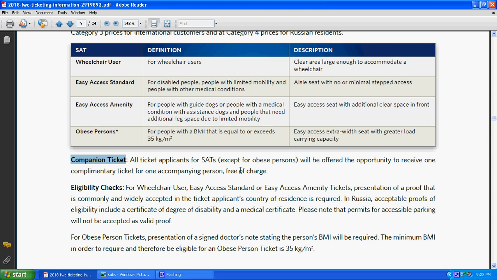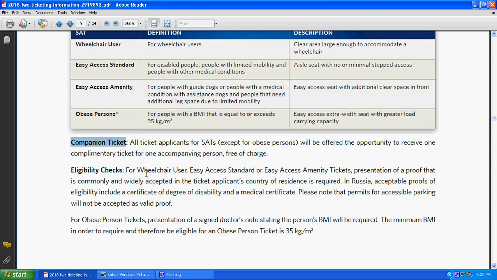And what are the eligibility checks? The wheelchair users or easy access standard users will have to present proof that is commonly and widely accepted in the ticket applicant's home country. Let's say if you are from India, you can get a disability certificate from the government. Some government institutes provide these kinds of certificates.